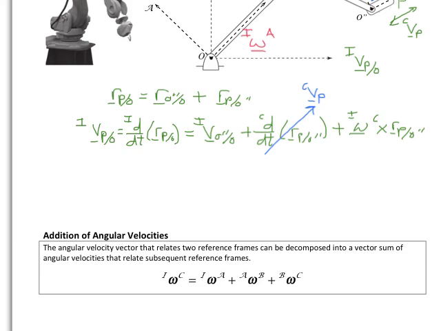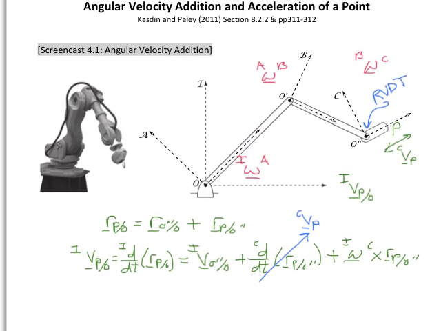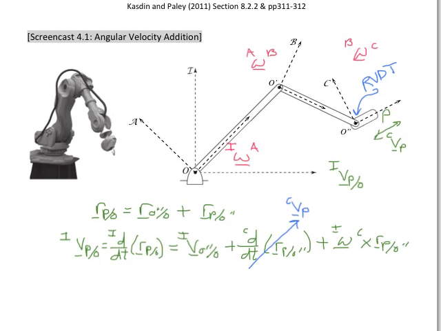This allows us to parameterize our problem, or use our coordinates, in a different way. We can now express the angles that relate these reference frames directly to each other.